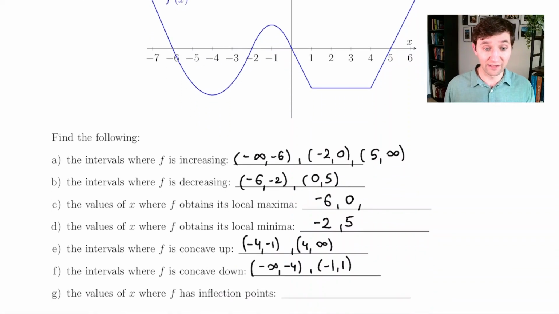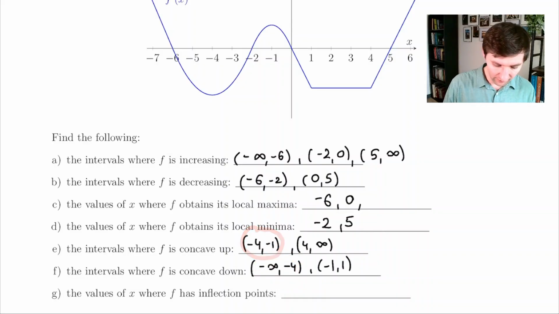Finally, we must find the values of x where the original function f has inflection points. Remember, an inflection point is a point where the original function changes from concave up to concave down or from concave down to concave up. We know that the original function f was concave down first, and then at x equal to -4, it changed to being concave up.